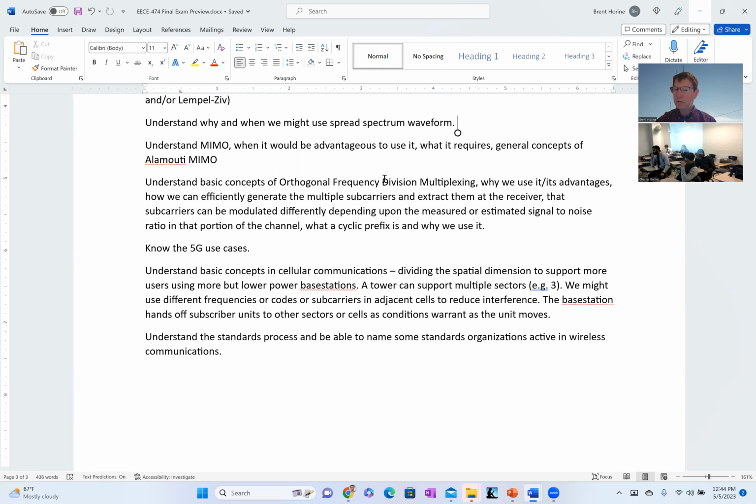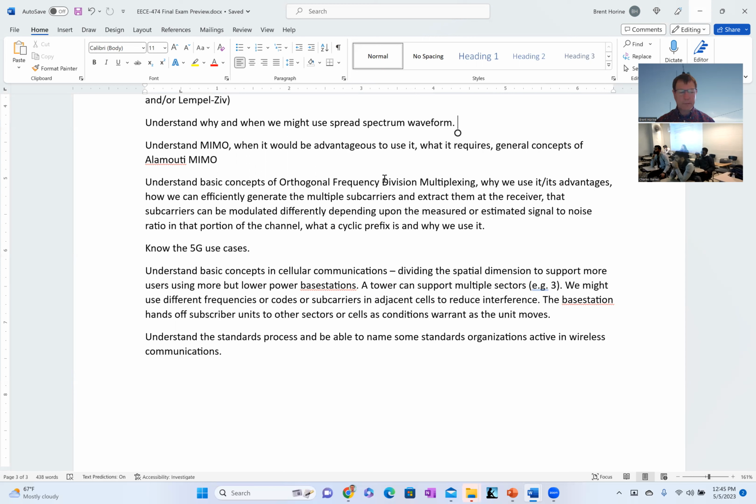When we went through the math on that, we recognized that, boy, that looks just like an inverse Fourier transform. So that's how we generate it. We use our efficient fast Fourier algorithms to do an IFFT and combine all of our narrowband subcarriers into one.